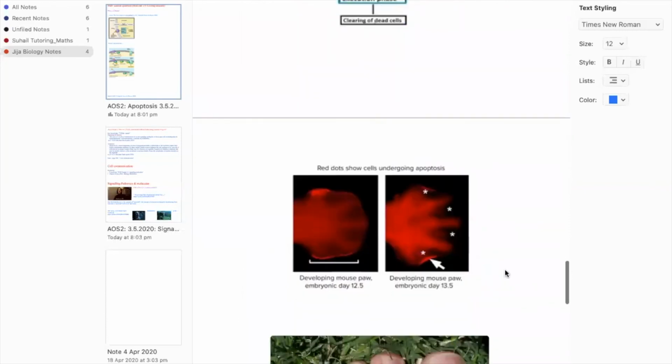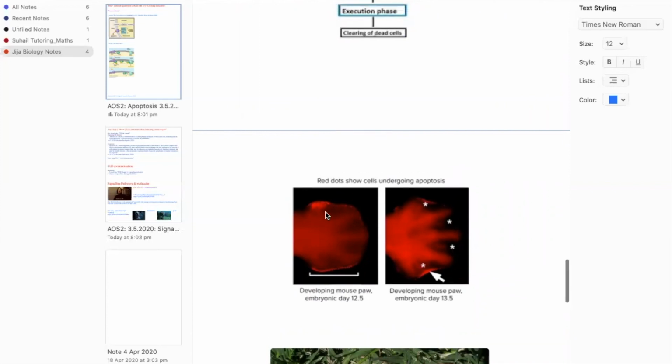In this picture, we've got a comparison of a mouse embryo. Obviously we know that when babies are born, they do not look anything like the initial stages of an embryo. And that is because as the embryo develops, one essential occurrence is apoptosis.